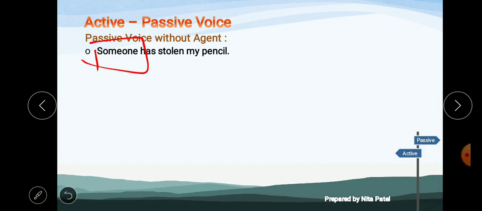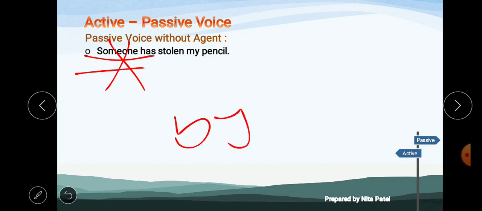Now what do we have to write? You will find that the agent is not necessary. Someone could be anyone. So if you find this kind of sentence, you can skip this. You don't have to write by someone.